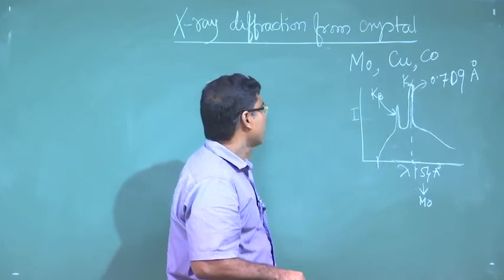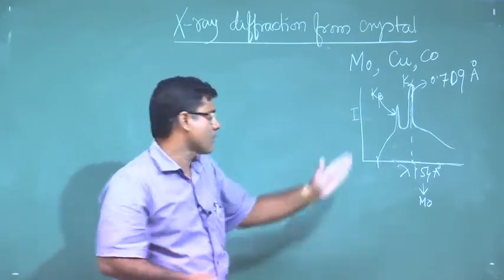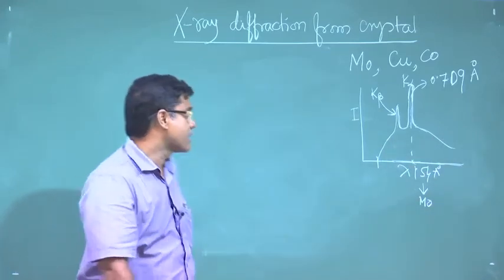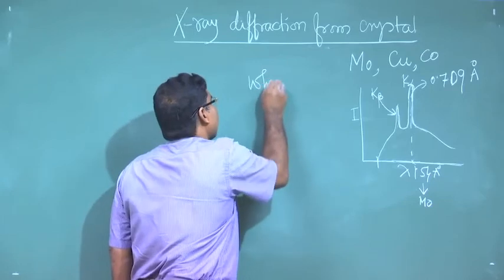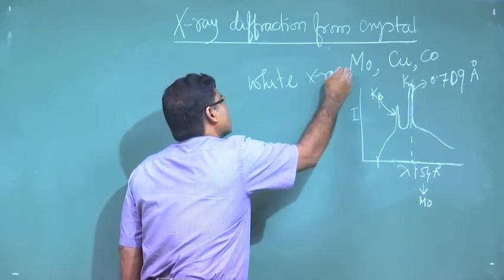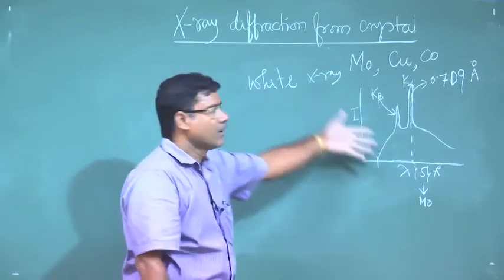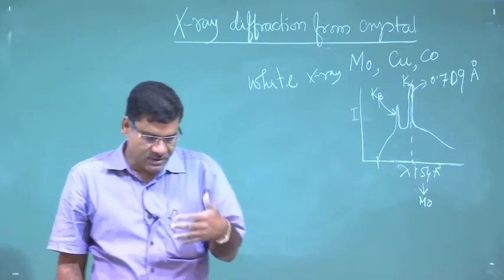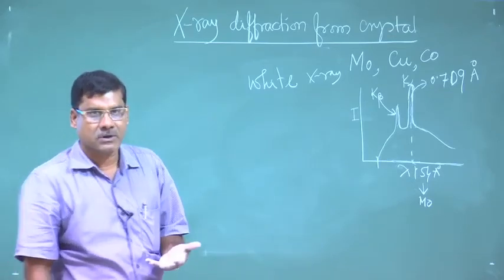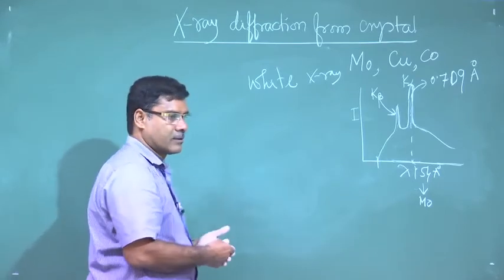From the target, whatever X-ray is coming will have all sorts of wavelength, so we call it white X-ray, because like white light, it has all wavelengths. Okay. So, sometimes for an experiment we need white X-ray having all sorts of wavelength.